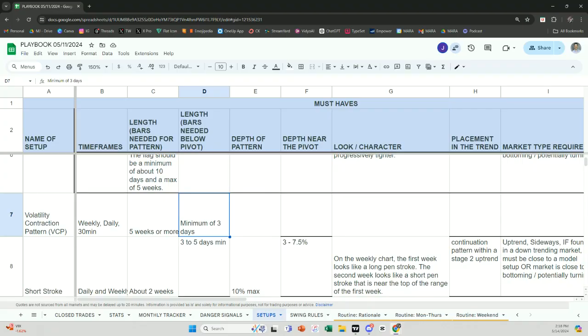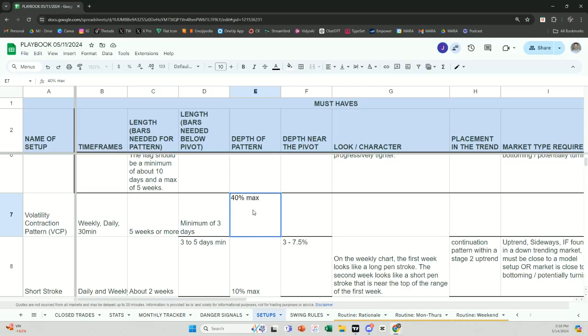Depth of the pattern. The depth of the pattern should really be about 40% max. And if something is, say, 45%, I wouldn't throw it in the trash straight away. I would go and check what was going on during that particular period.